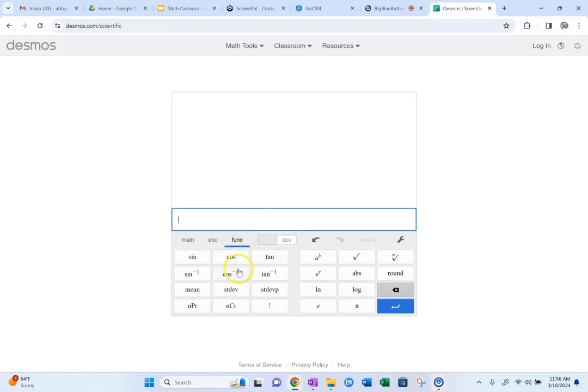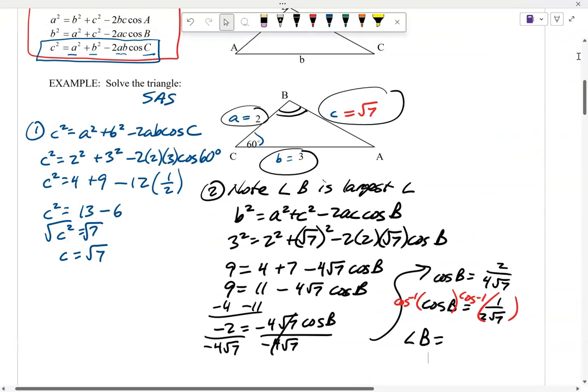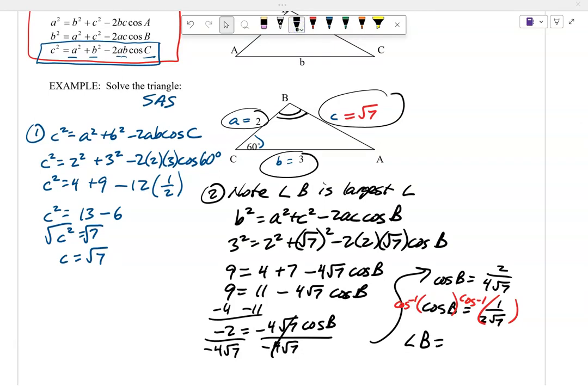And I'm going to find the arc cosine of 1 divided by 2 square root 7. And see how we get 79.11 in degrees. So that's my angle B. Write that down. 79.11 degrees.